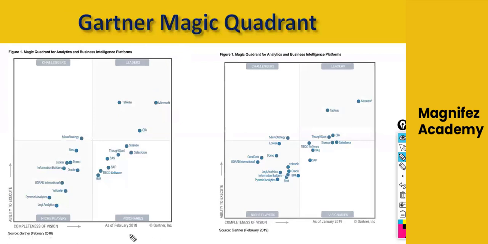This data is fetched from the February 2018 Gartner survey. The same way, if you go to the 2019 survey, which is one of the famous surveys analyzing industry acceptance of tools, in February 2019 also you see Microsoft and Tableau standing strong. Microsoft is doing much better in the business of BI tools.